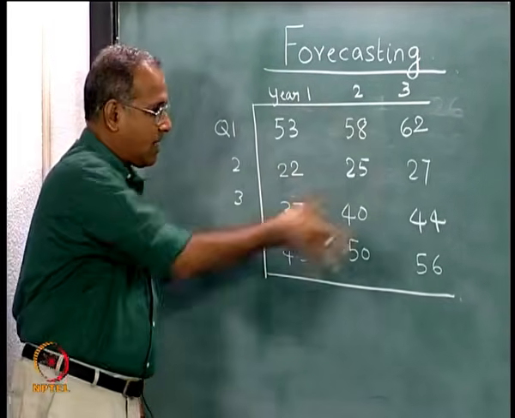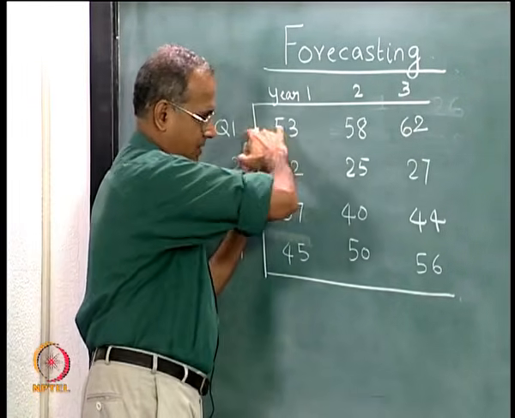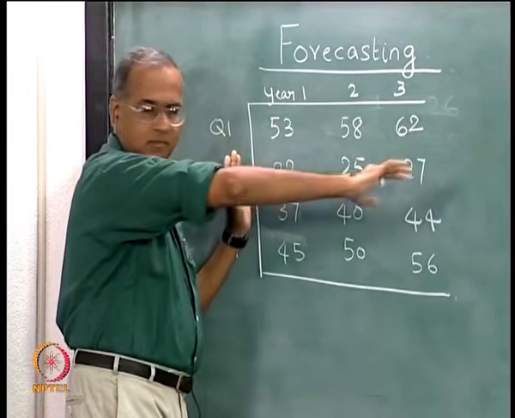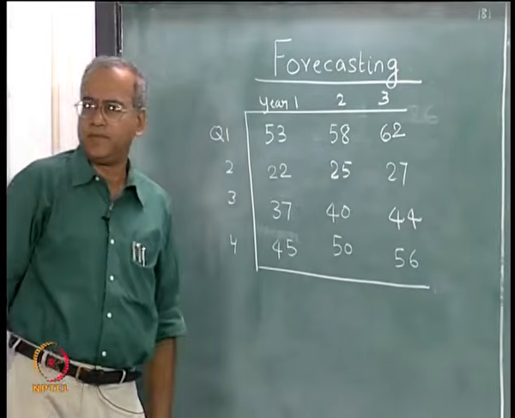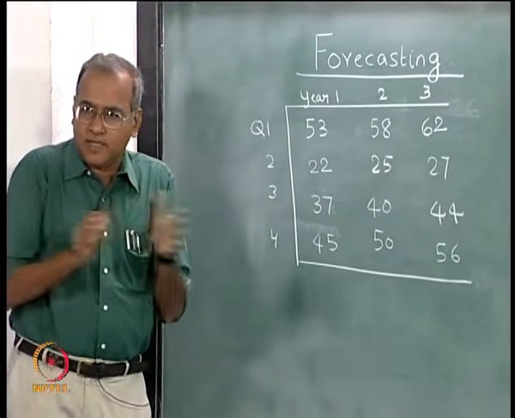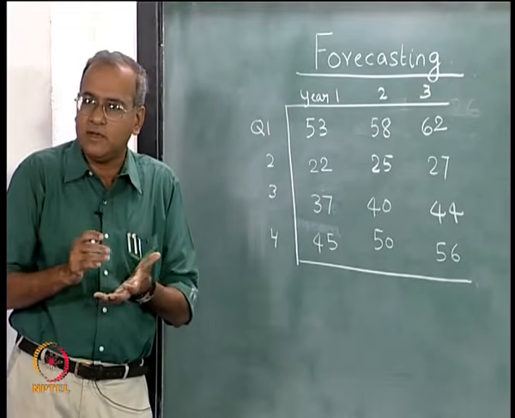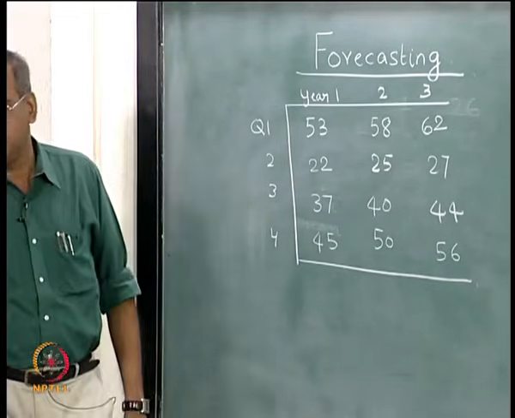Now, when we start looking at this table, we observe that there seems to be a trend in this direction for all of them. The total also seems to go up, but each quarter of the year is not showing constant kind of data. There is a variation in this.